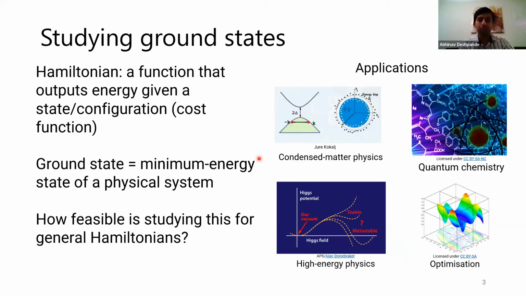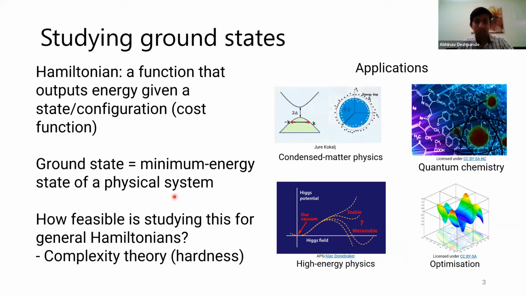So naturally, it is a very important question to study how feasible this problem is for general Hamiltonians. And you can tackle this from the point of view of both complexity theory, which tells you when instances are hard, and from the point of view of algorithms, which tell you when some class of instances could be easy.